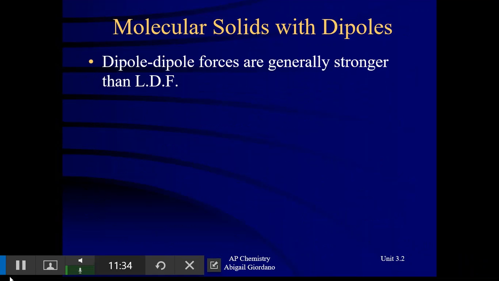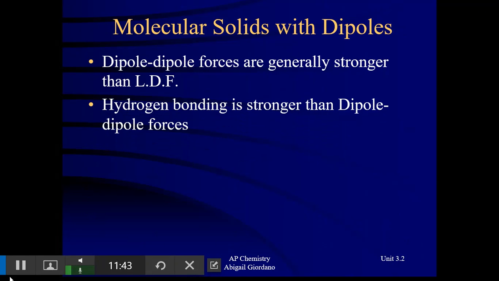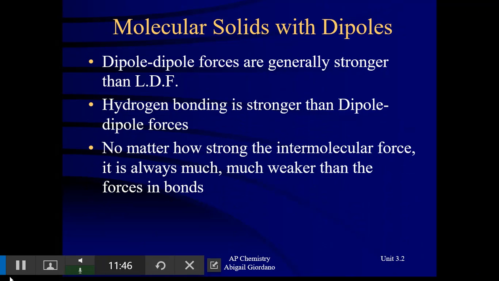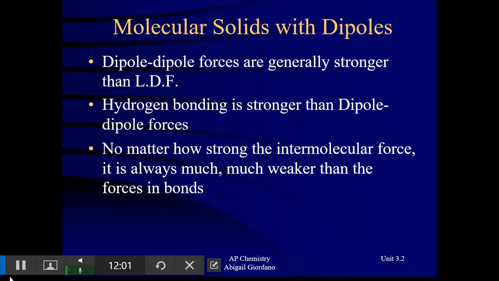Polar covalent compounds are going to experience dipole-dipole forces, not just London dispersion. Some of them are going to have hydrogen bonding as well. So your polar covalent compounds are going to have typically higher melting and boiling points because they are held together with stronger intermolecular forces. Do keep in mind, guys, that no matter how strong the intermolecular force, that is still not even in the ballpark for how strong a covalent bond is.